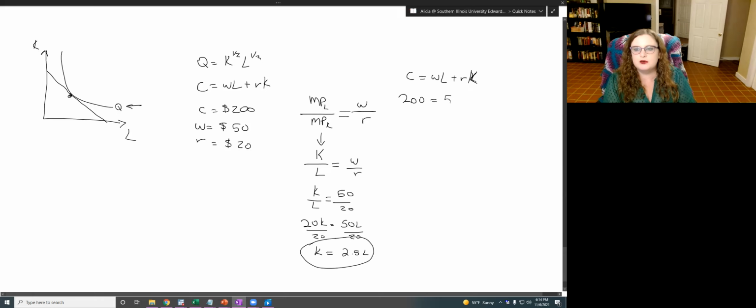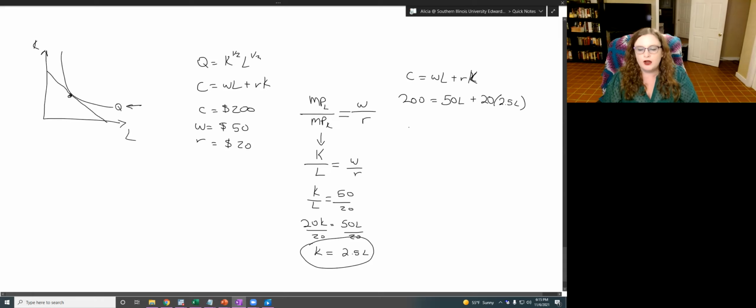And this is going to be equal to $50 times some amount of labor plus $20 times some amount of capital. We know that K is equal to 2.5 labor. Our one machine is equal to 2.5 labor hours. So let's have this multiplied by 2.5L.